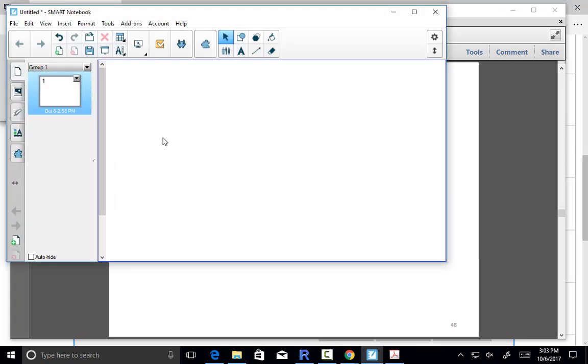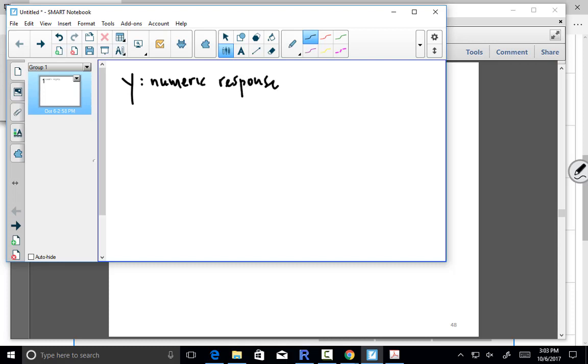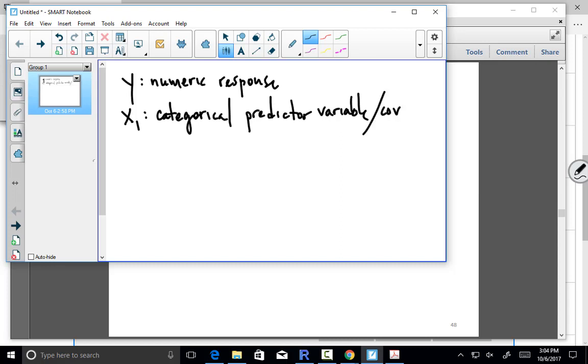So let me draw a little bit here. If I have a response variable that's numeric, and suppose I have a categorical predictor variable, we could also call it a covariate.